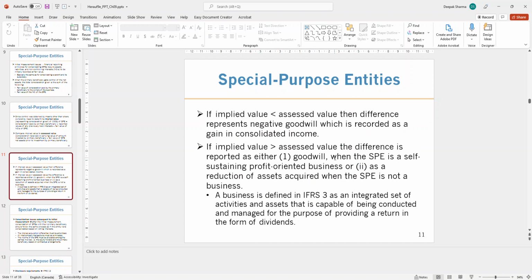If there isn't, it's considered to be goodwill, and then it will be recognized when acquired, and the SPE is not a business. So technically it will exist until the time that the special purpose entity exists, and after it's dissolved, then it will be recognized either as a gain or a loss at the time when the SPE is being dissolved.